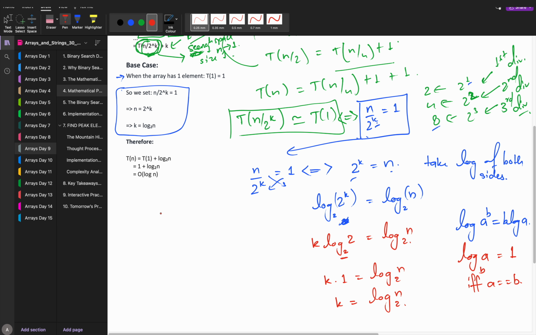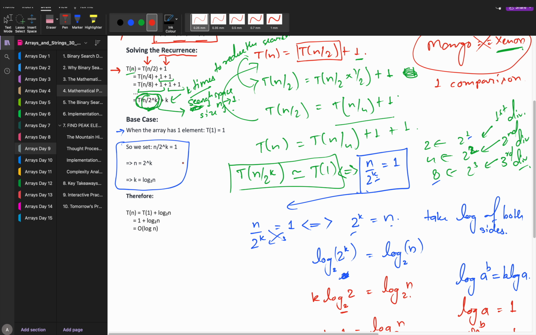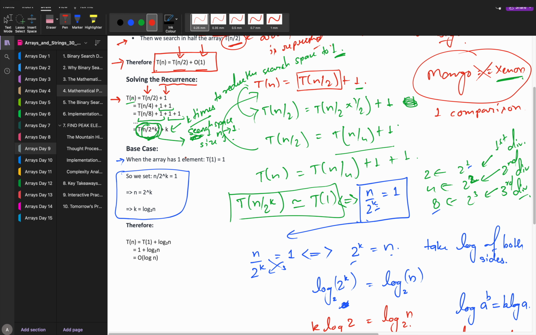So what happened earlier, and now what can I write? This equation earlier became Tn equals T of n by 2 to the power k, plus k. Correct? k times.